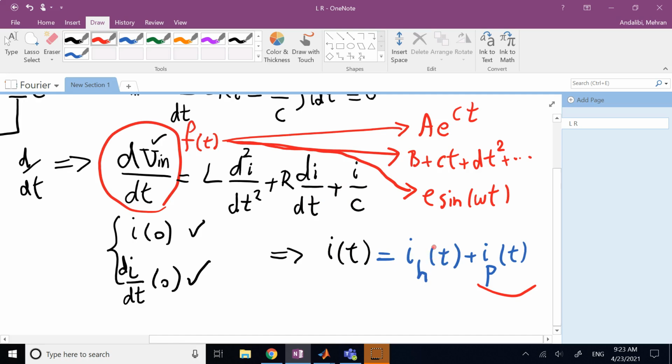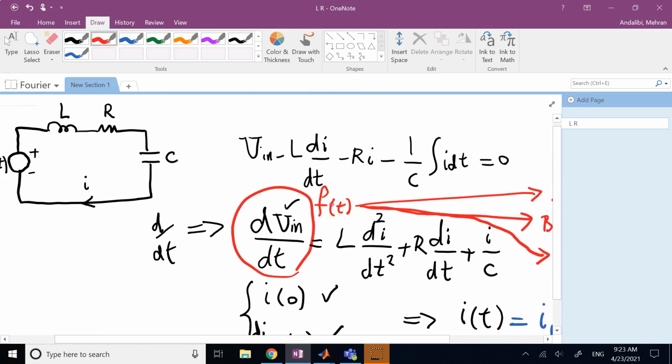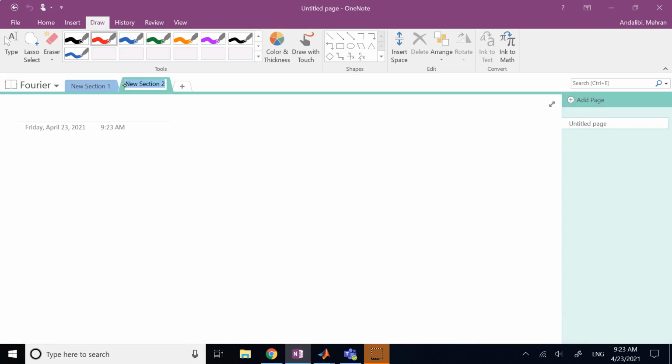Good. Now my question is this: if this f of t is not any of these, okay, it's like a periodic function in this case, and this periodic function is not a form of a harmonic. So for example, let's say the function I give you, this f of t, is now going to be a sawtooth function.